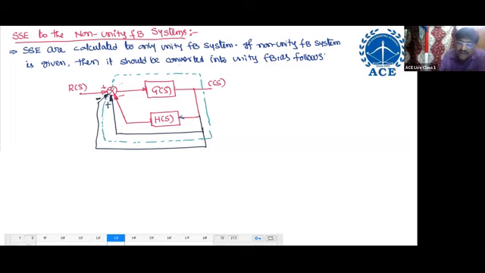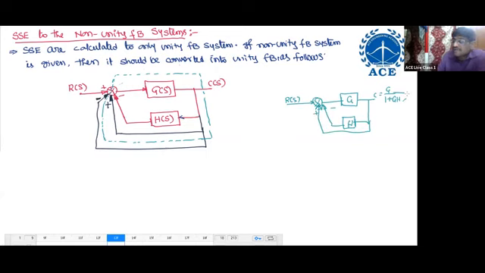What is the output? If I take only G and H, what is the output? For example, here G and here H. The output is G by 1 plus GH. If you add one positive feedback, here plus, opposite sign means minus.